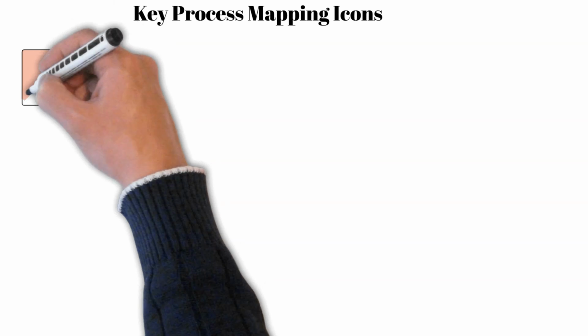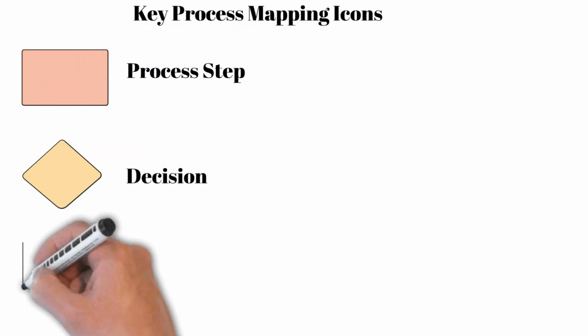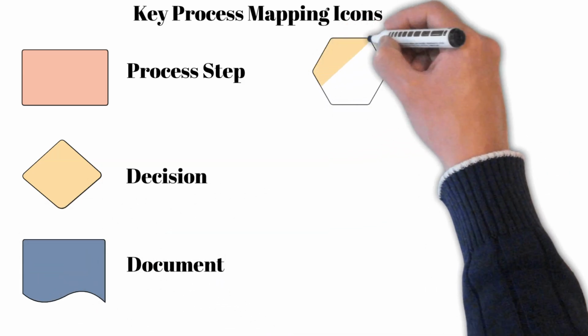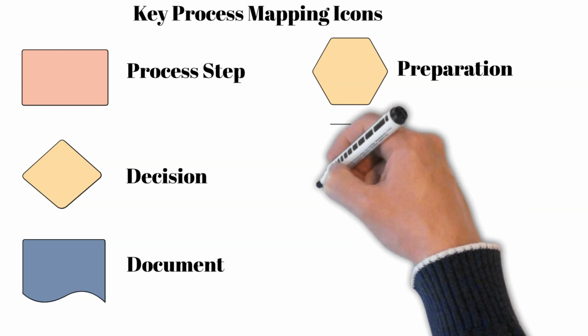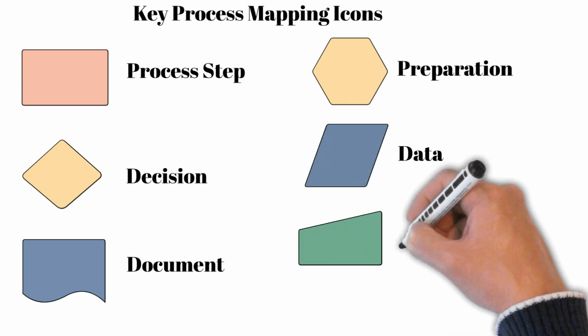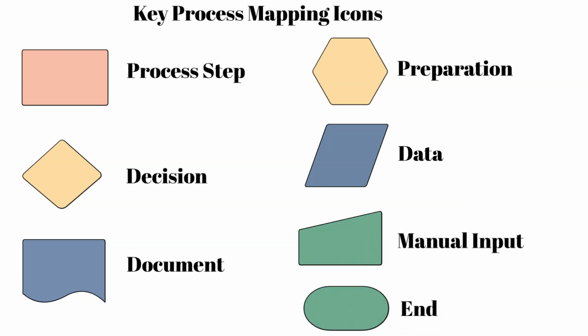Before we move forward, let's review the key process map icons. They are process step, decision, document, preparation, data, manual input, and the end. There are a lot more icons that you can use to describe the process, but this is a good start.